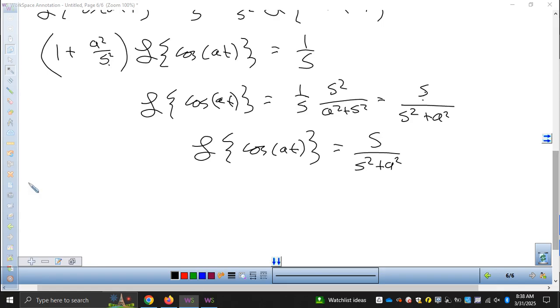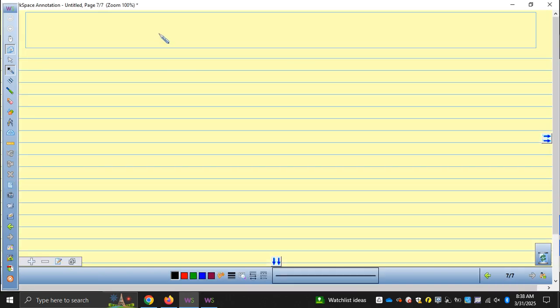All right. Last thing for today, I want to talk about linearity. The fact that the Laplace transform is a linear transform is a very nice thing.